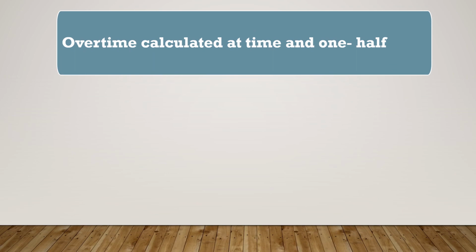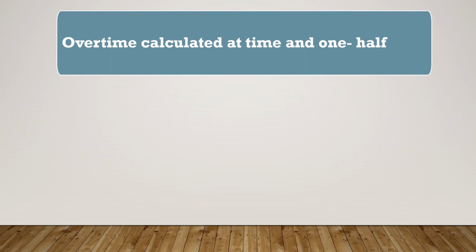Overtime is calculated at time and a half. This means if you work in a certain jurisdiction and you work overtime, you will be paid 1.5 times the regular rate based on the number of hours that you work overtime. Let's say, for example, in Ontario the threshold is 44 hours.